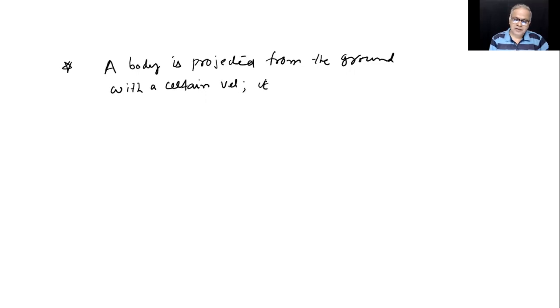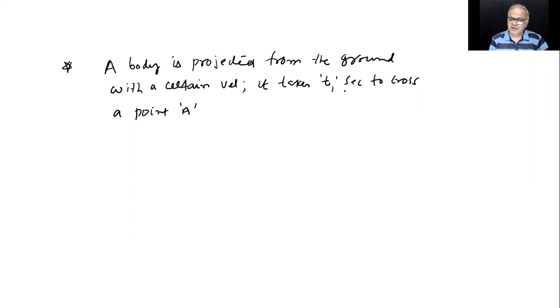It takes T1 seconds to cross a point A. This is what I wanted to give actually, but it turned out to be like that previously.